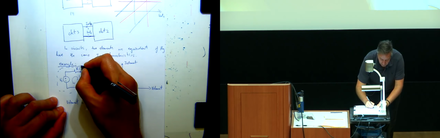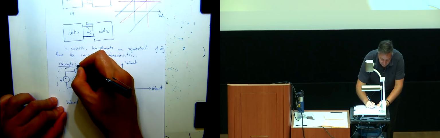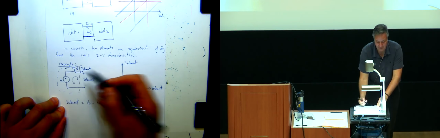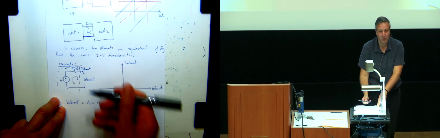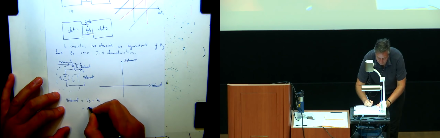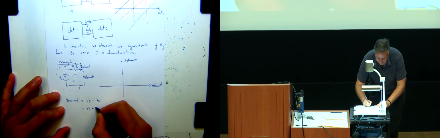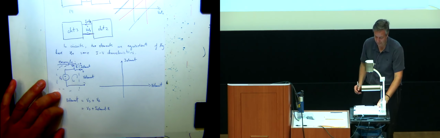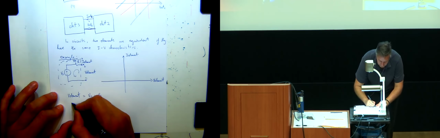And Vr I'm going to label as this. The reason I labeled plus and minus here is because the current I element is going into R, so I want to use the passive sign convention, right? So that is Vs plus I element times R. So this is V element.